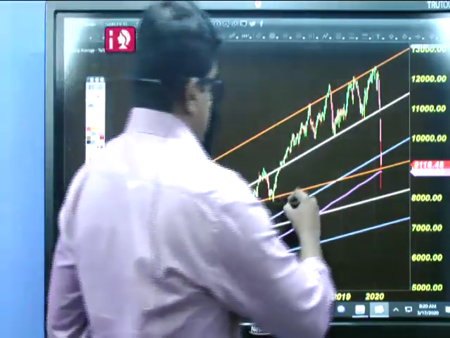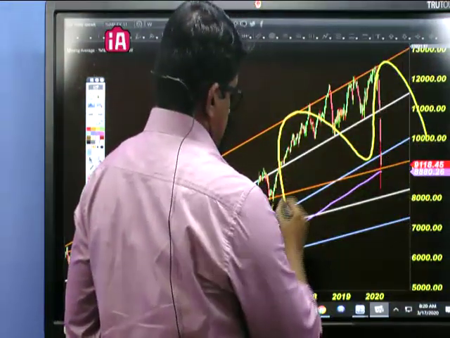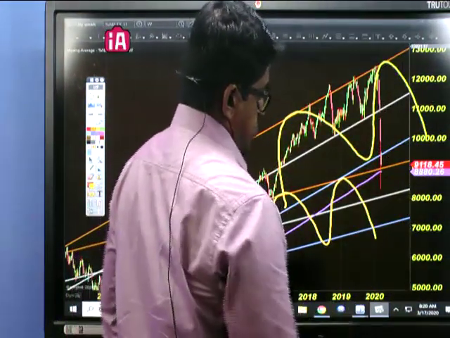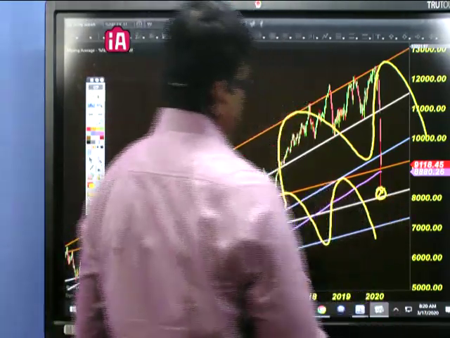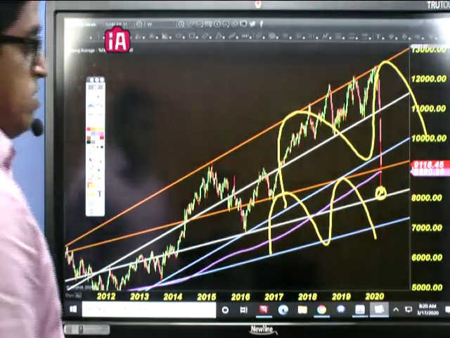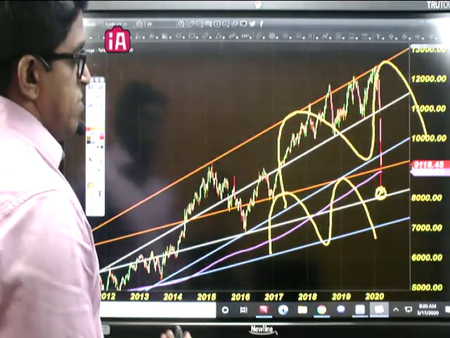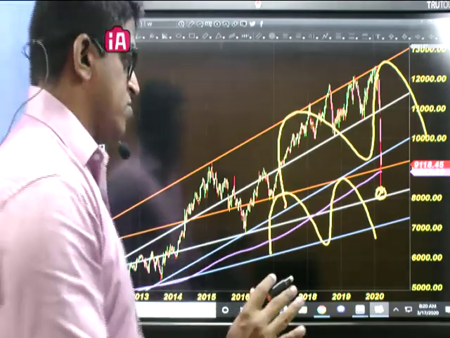This is one path which tracks the long-term trend, and this is another path. The price tested here, but we are not happy with this correction, when the price reached 8,200, because it didn't give any opportunity for traders to put in their funds. So it came down and the trading was halted.